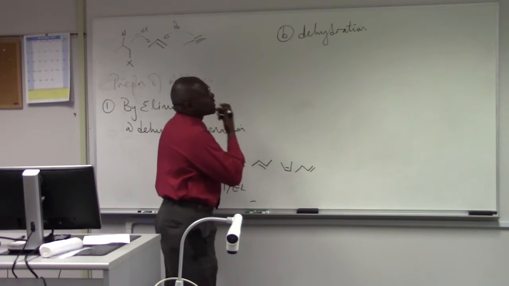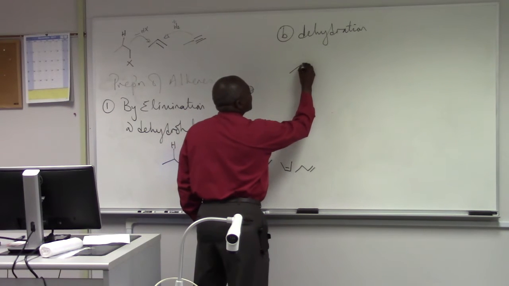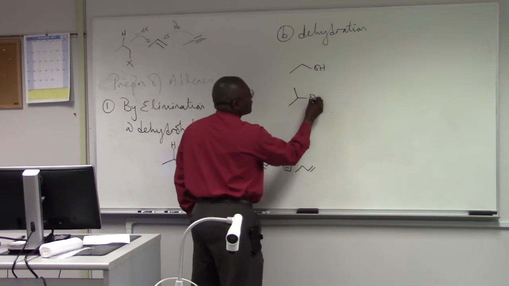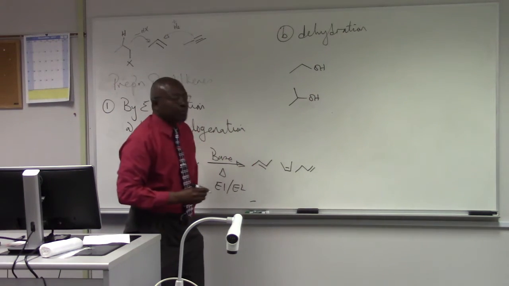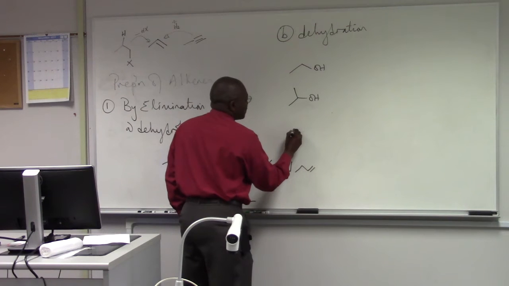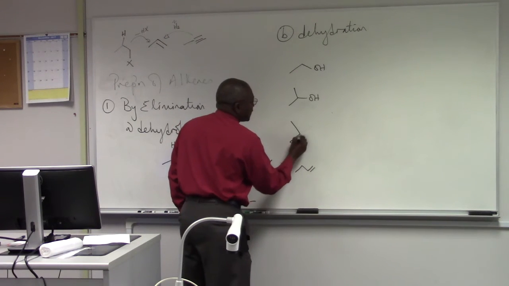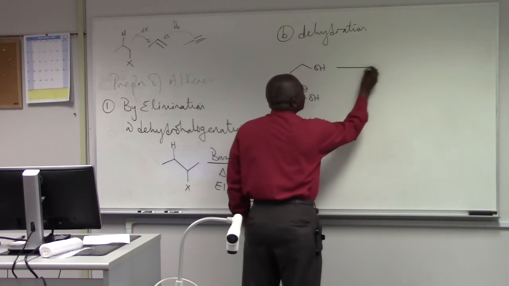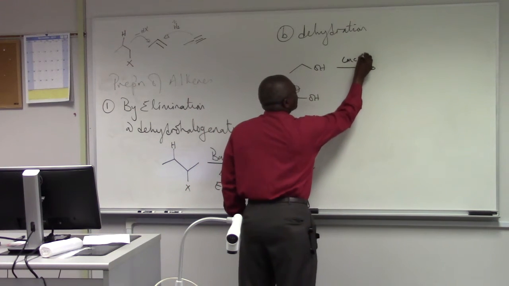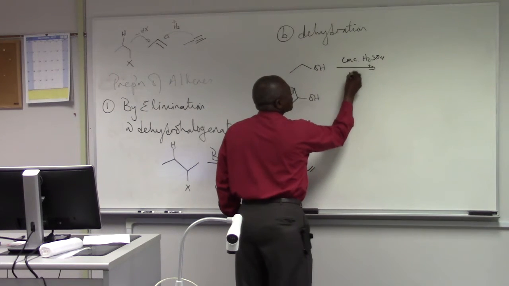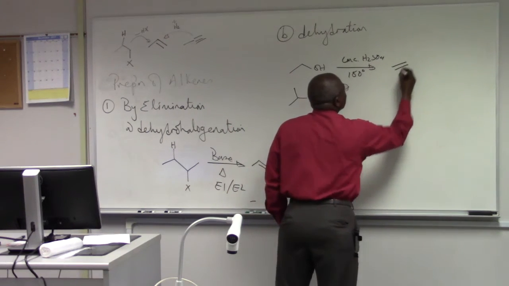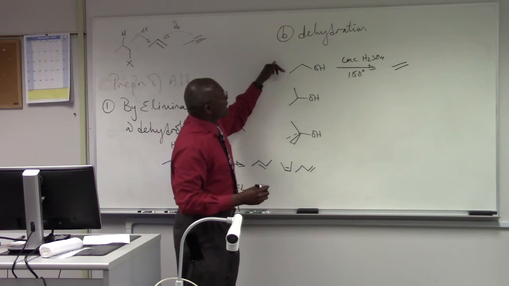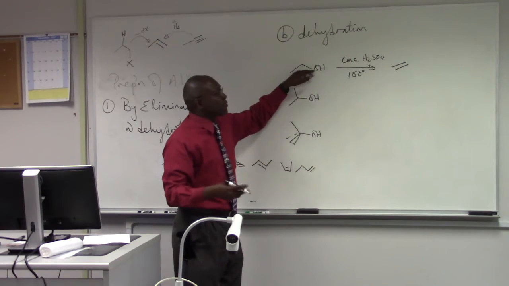One of the ways in which you can look at this is that if you take a primary alcohol, for example ethanol, a secondary alcohol, 2-propanol or isopropanol, and a tertiary alcohol, like say t-butanol, and treat the primary alcohol with conc sulfuric acid at about 180 degrees Celsius, I'll generate the corresponding alkene. Functionally, what I did is remove HOH, so I'm losing H2O to generate the product.